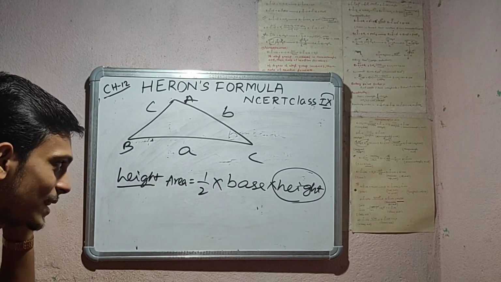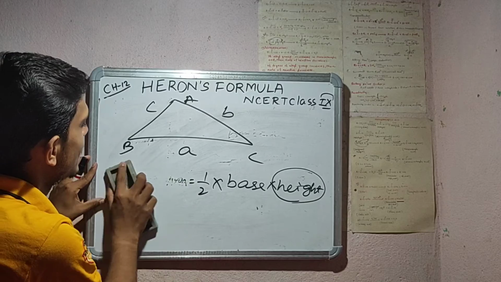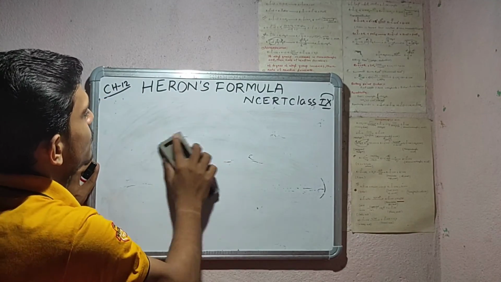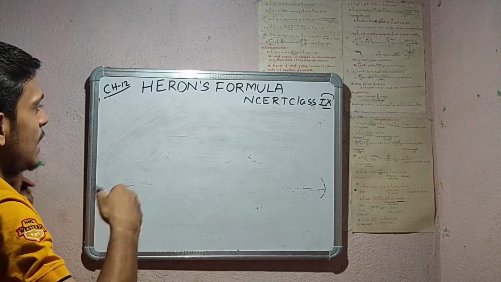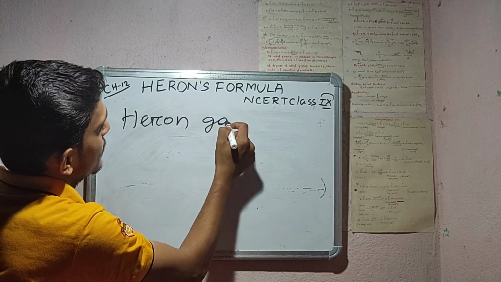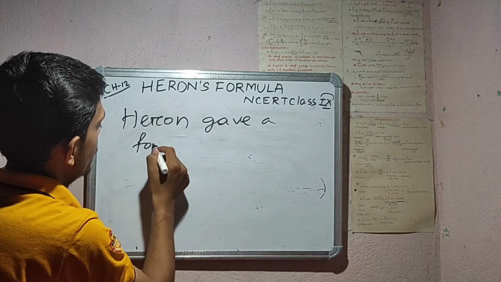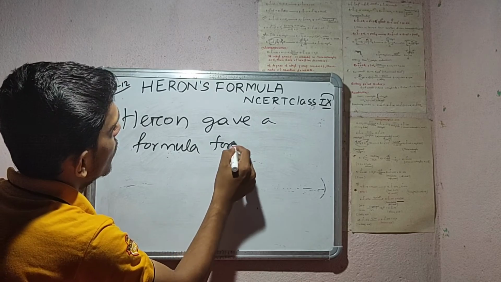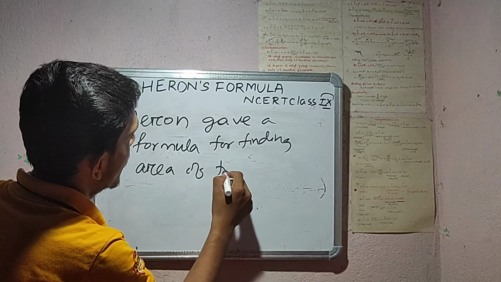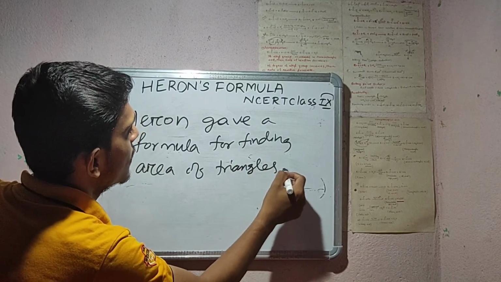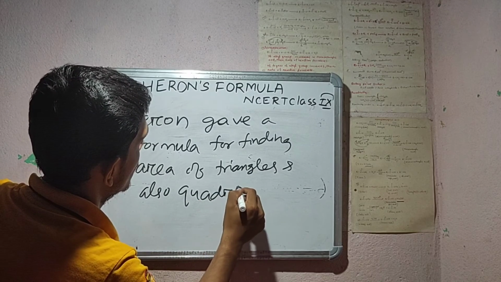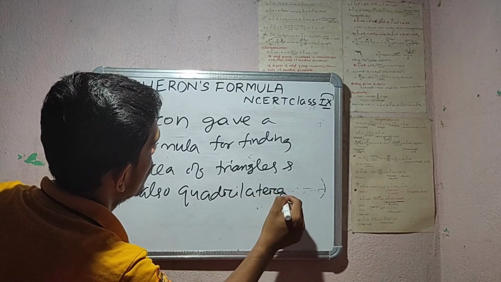Okay. So for this difficulty, Heron. Okay. Heron is a name. Heron gave a formula for finding the area of triangles and also quadrilaterals.